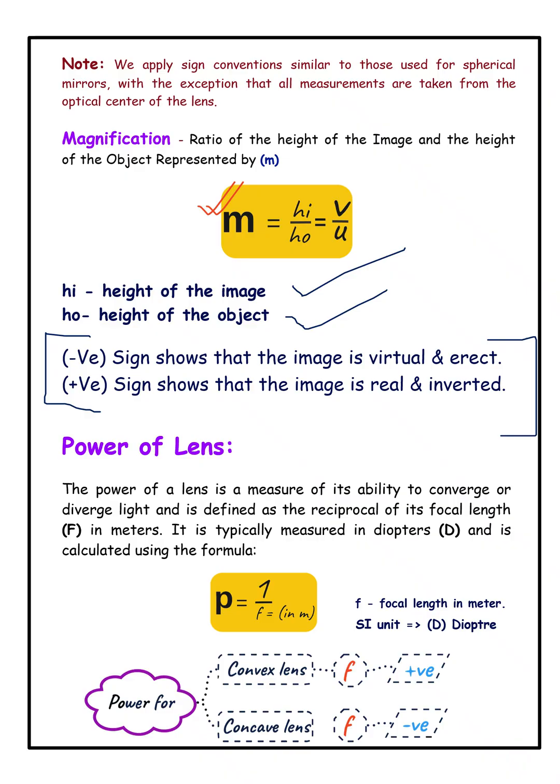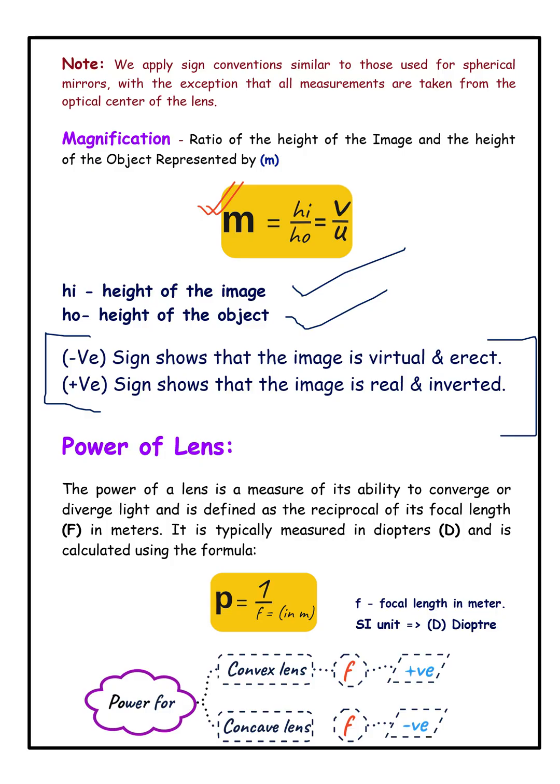Okay, let's go further and understand what is power of a lens. The power of a lens is a measure of its ability to converge or diverge light and is defined as the reciprocal of its focal length in meters.